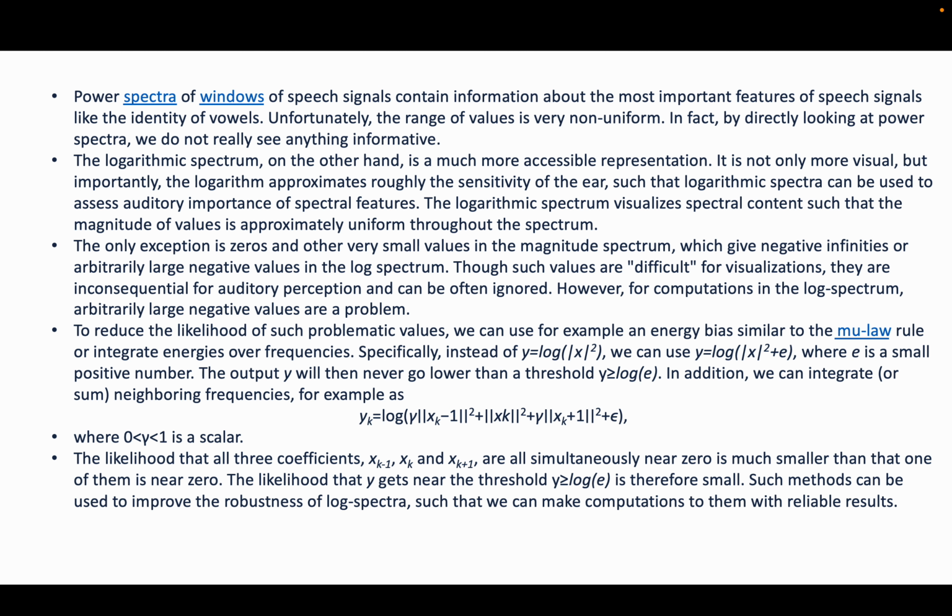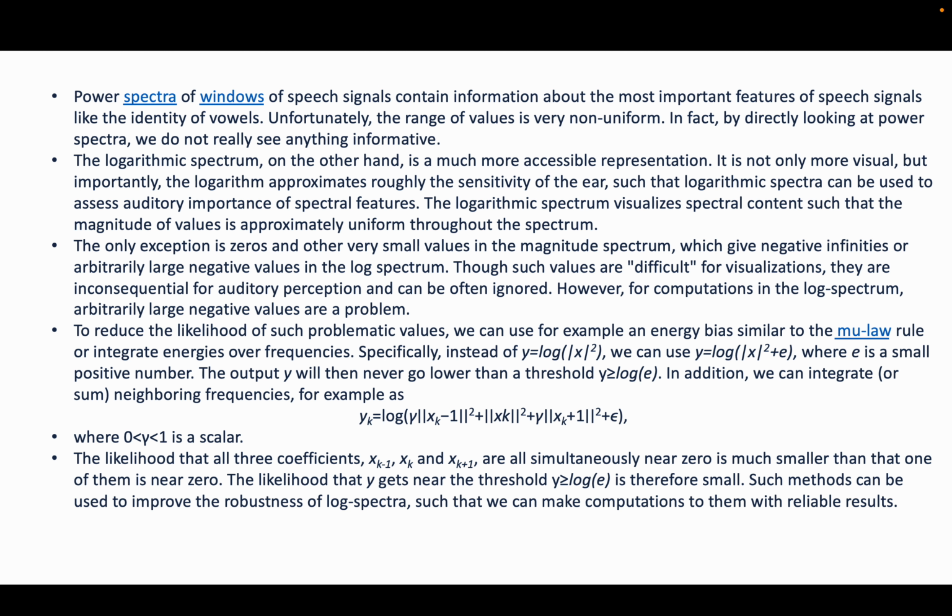In other words, they will integrate energies over frequencies. So specifically, instead of y equals the log of x squared, we use y equals the log of x squared plus e, where e is some small positive number. And so that way you avoid the issue of getting an infinite output when x approaches 0, or when x approaches DC.